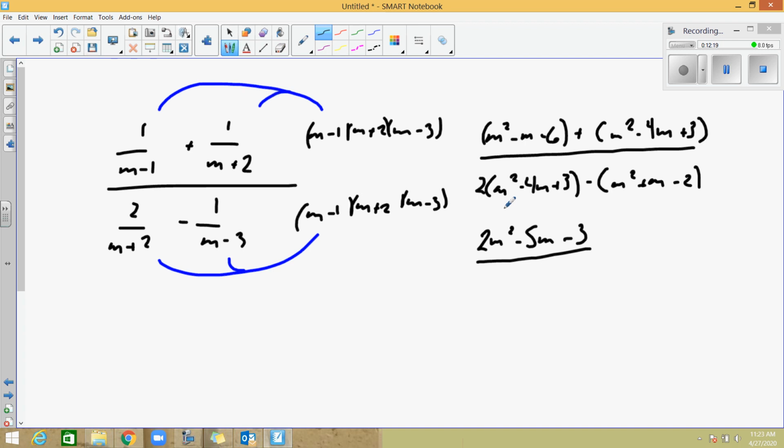So let's change colors, simplify some things here. So I've got a 2m squared minus 8m plus 6. Now remember I have to add the opposite sign here. So this is minus m squared minus m plus 2, because when I do that, this all becomes different signs.